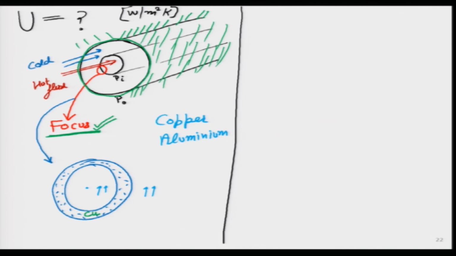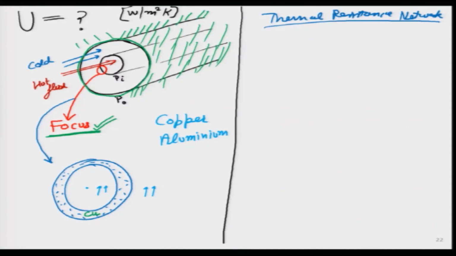Now, I bring the attention of the students back to one of the chapters that we had studied very early in this course, where we had talked about the thermal resistance network. Students, remember, this is something we had studied in the conduction portion of the class, and a little bit we have looked at convection also.